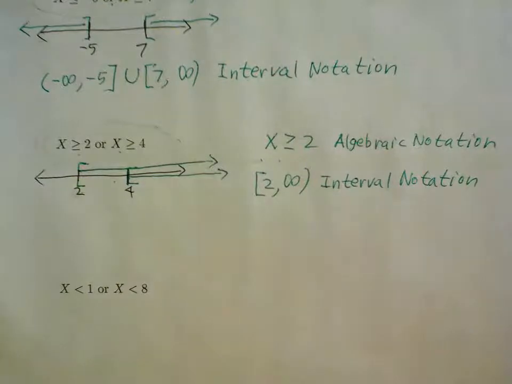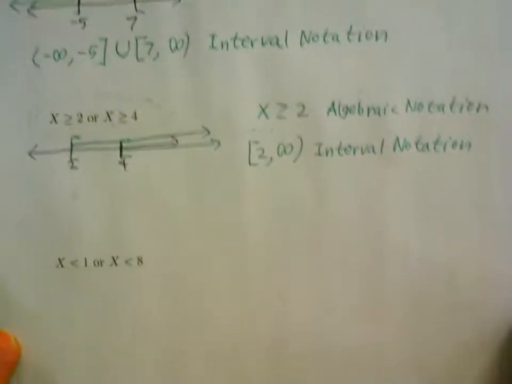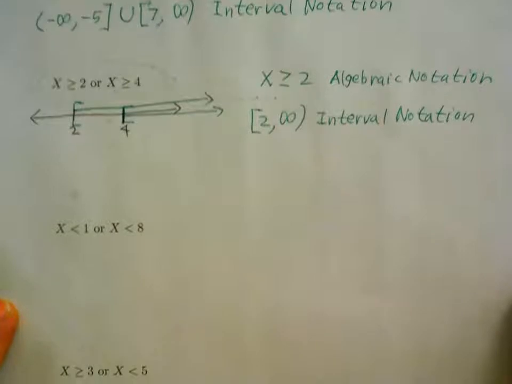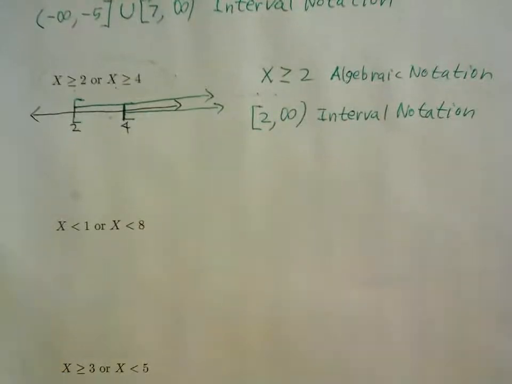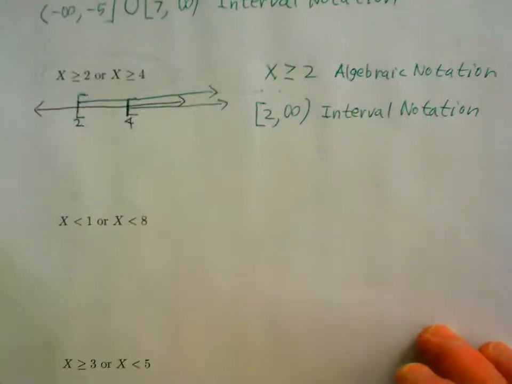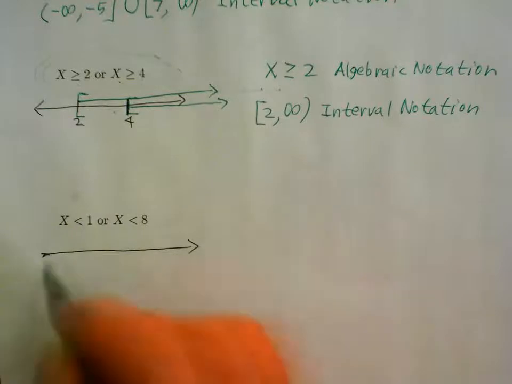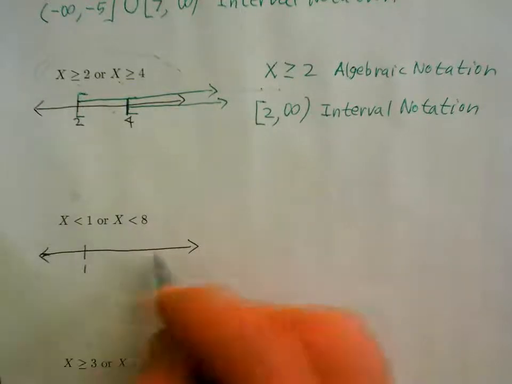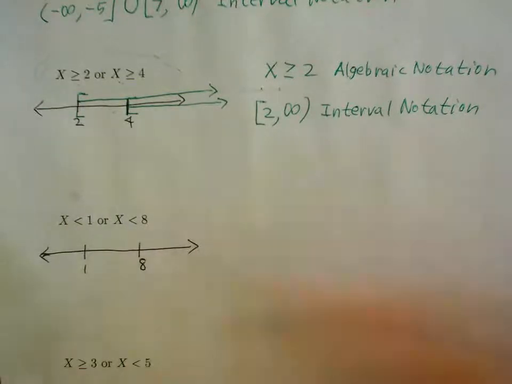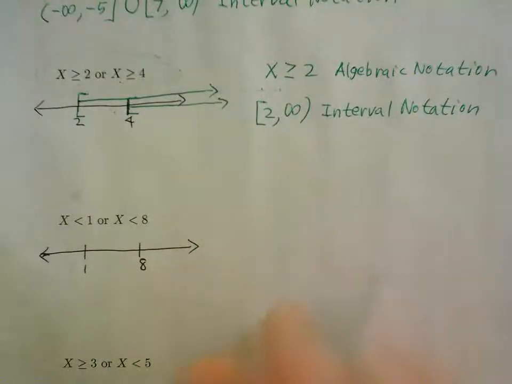Okay, the next one, x is less than 1 or x is less than 8. So we'll draw a number line, plot the numbers 1 and 8. So a number x is in this set if it satisfies one of those conditions.